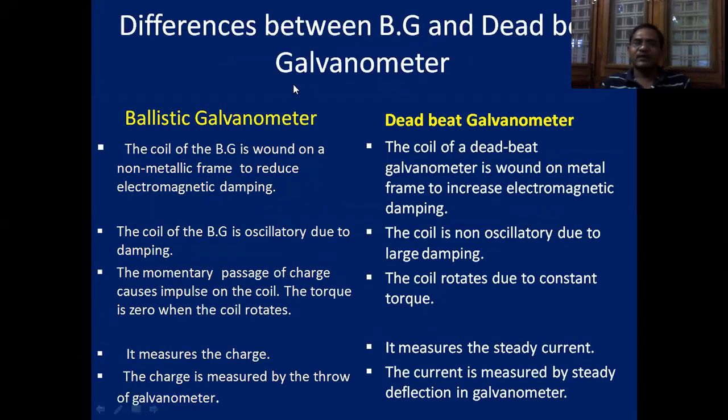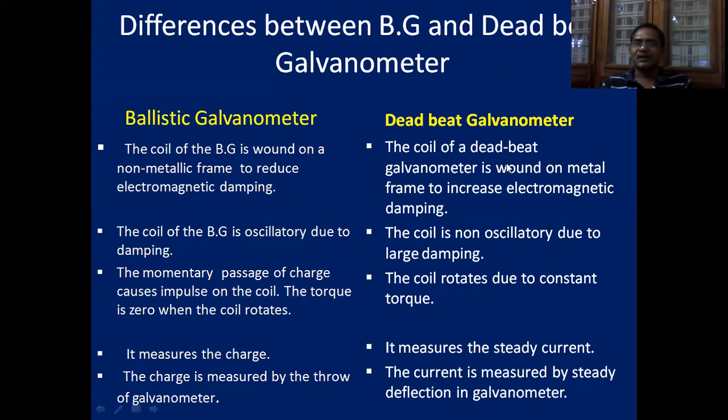Now, coming to the next concept, what are the differences between ballistic galvanometer and a deadbeat galvanometer? Based on our discussion as of now, we can compare these two. In the ballistic galvanometer, the coil is wound on a non-metallic frame like ivory or bamboo to reduce electromagnetic damping.